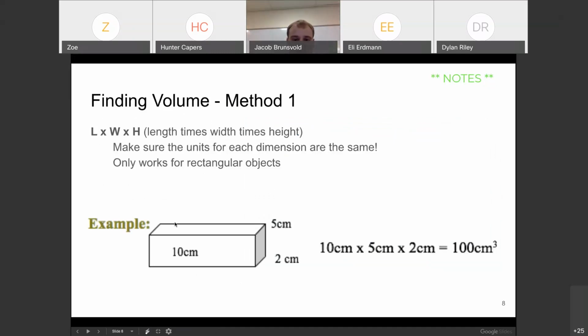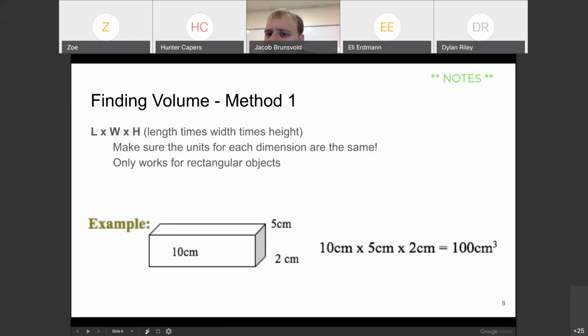So you multiply the length, which is 10, times the width, which I would say is 2, that would be this distance right here, times the height, which is 5 centimeters. 10 times 5 times 2 is 100. And then you multiply the units together as well. So centimeters times centimeters times centimeters is centimeters cubed, because we've multiplied 1, 2, 3 centimeters together.